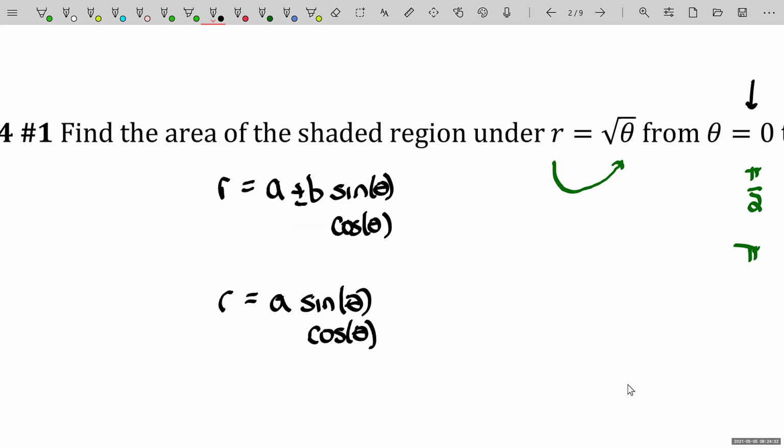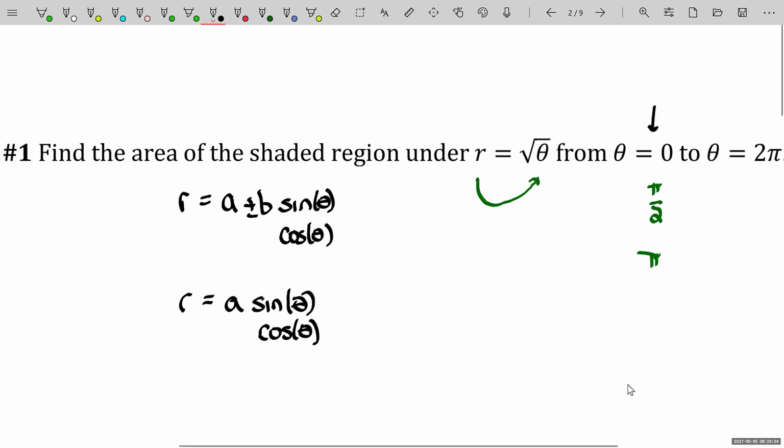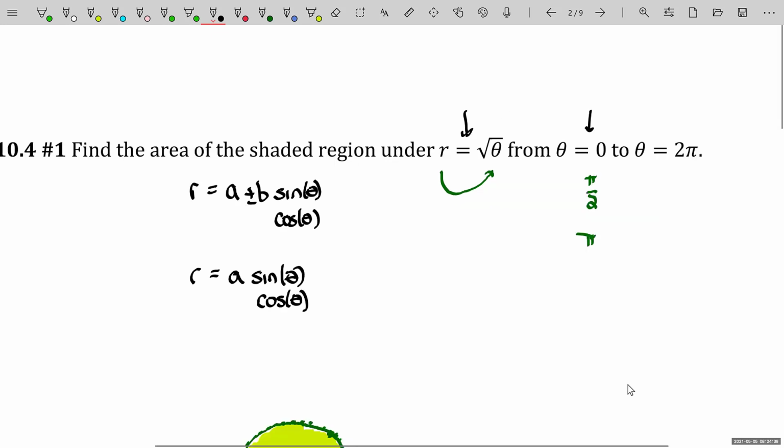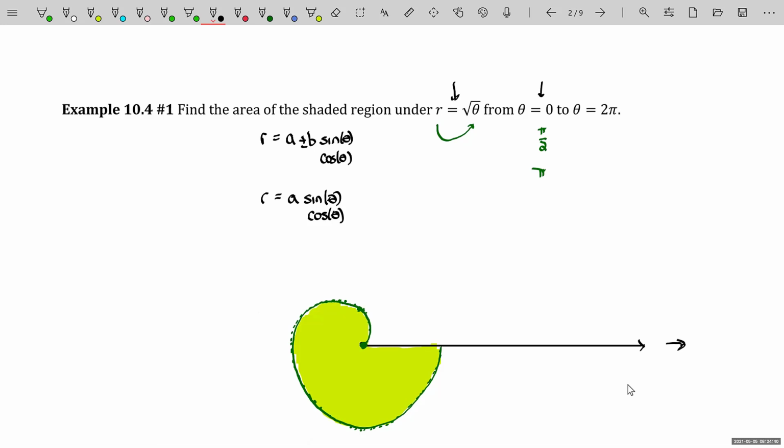However, every once in a while, you're given something like this, r is equal to square root, that you could easily just carve out like I just did. I just plugged in some points and found the pattern. That's really a very nice way to do it. So for some of them, especially if r is not with sines or cosines, but just some function of theta, sometimes that's easy to graph out.